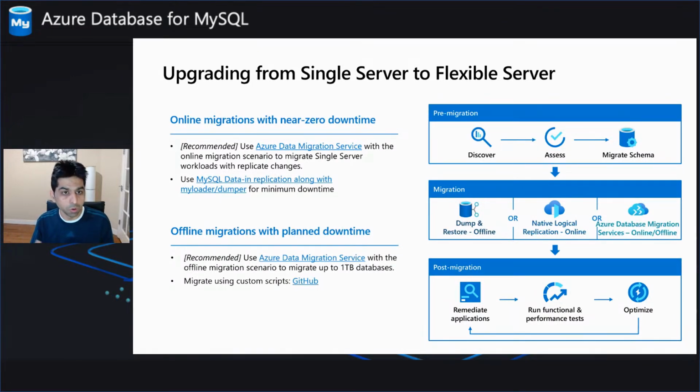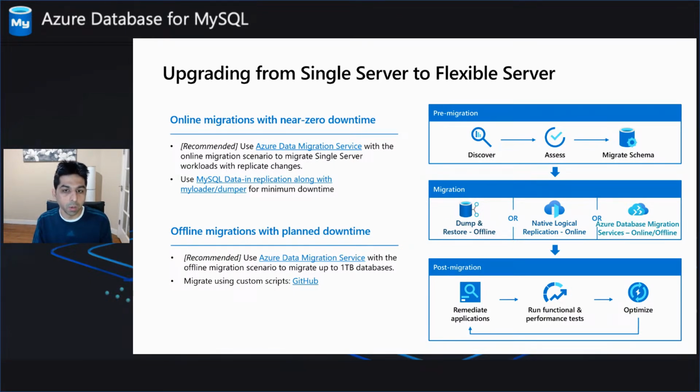There are two modes of operation depending upon your database size and nature of the workload. You can opt for online migrations or offline migrations. The difference between them, as the name suggests, is the downtime which you can afford. With offline migrations, your database will be offline during the migration, but it is also the fastest way to migrate.